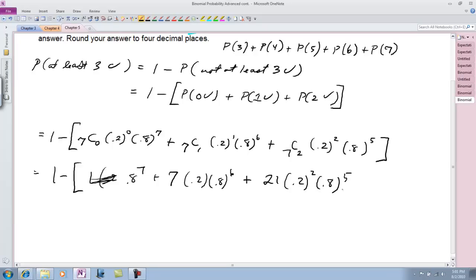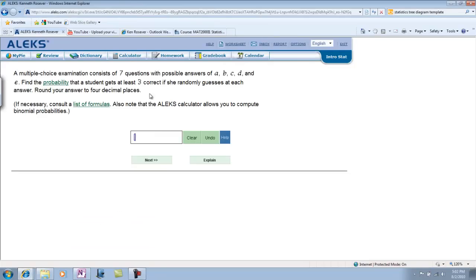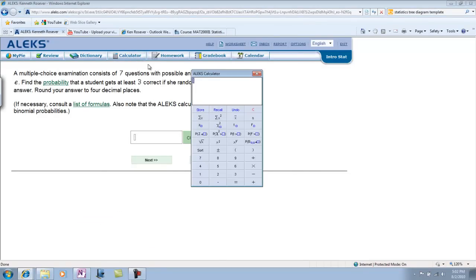So, not too hard. We're going to go in now and do an analysis unless it's logged me out because I've took too long. So, calculator. 1 minus, parenthesis. The first one was 0.8 to the 7, arrow over.